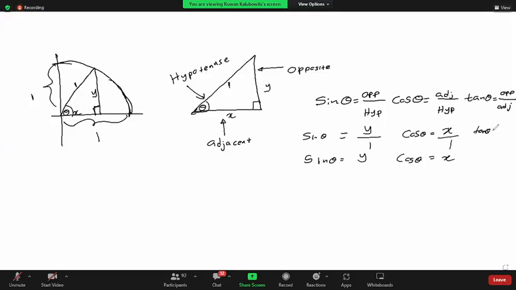So tan theta is opposite, that is y, over adjacent, that is x. Now you can see sine theta is equal to y, cos theta is equal to x. That means tan theta should be equal to sine theta over cos theta. So these are the relationships.